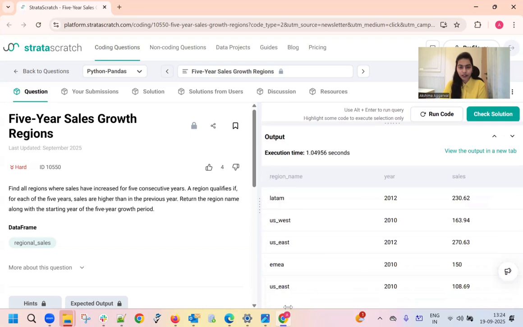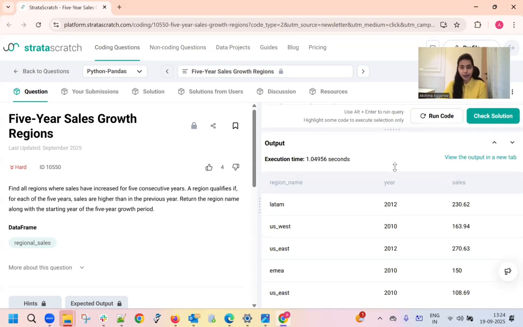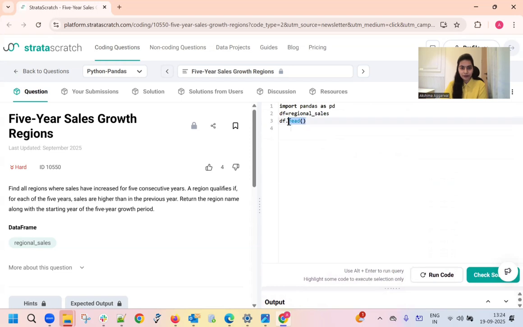Okay, so we have the regions, year, and sales. Now let's sort the values first according to the region name and the year.